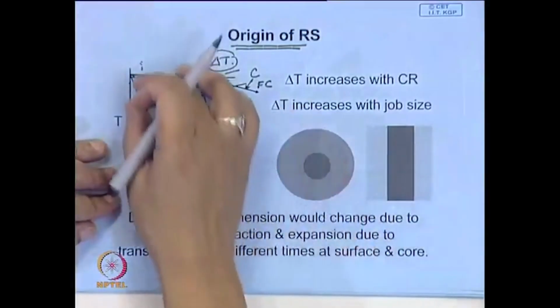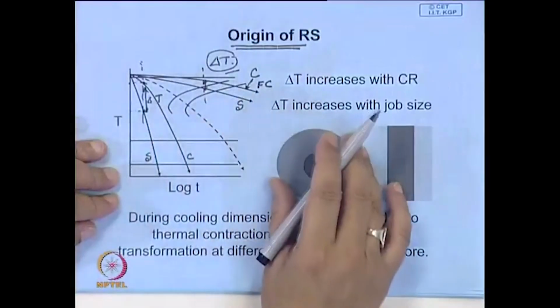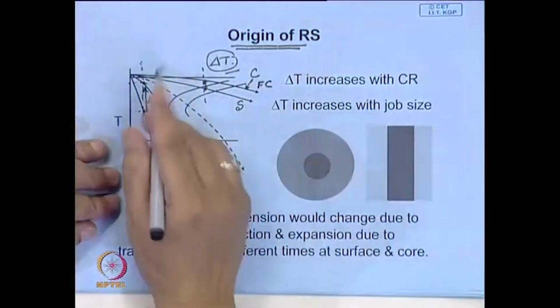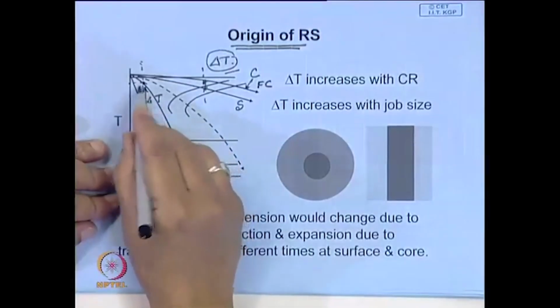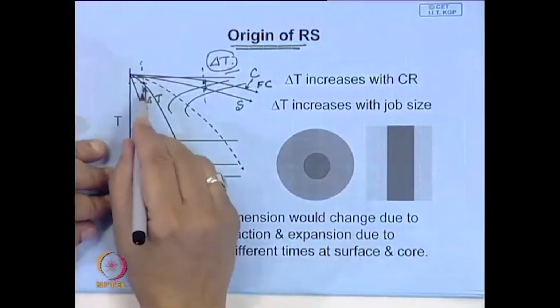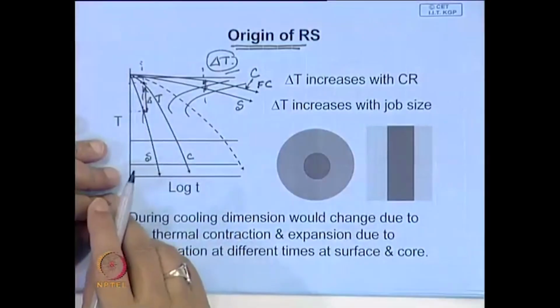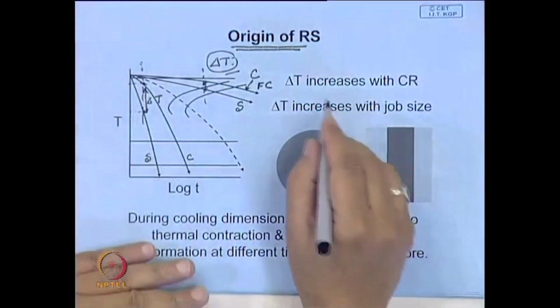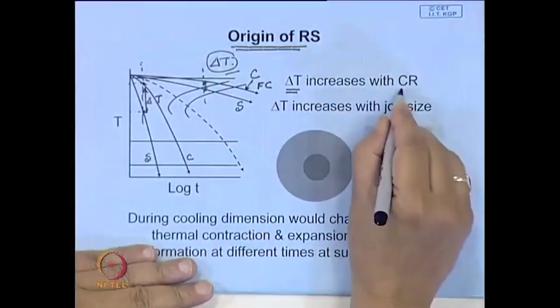So, when you are cooling, this kind of transformation takes place. There will be some deformation because of the temperature difference, and due to this temperature difference there is a difference in the magnitude of the material property, that is, yield stresses are different. One can say that delta T will increase with the cooling rate.